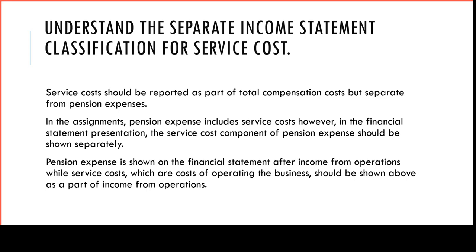While service costs, that part of pension expense we've been calling pension expense, which are the costs of operating businesses, should be shown above as a part of income from operations, from the actual operations, as an actual part of compensation.